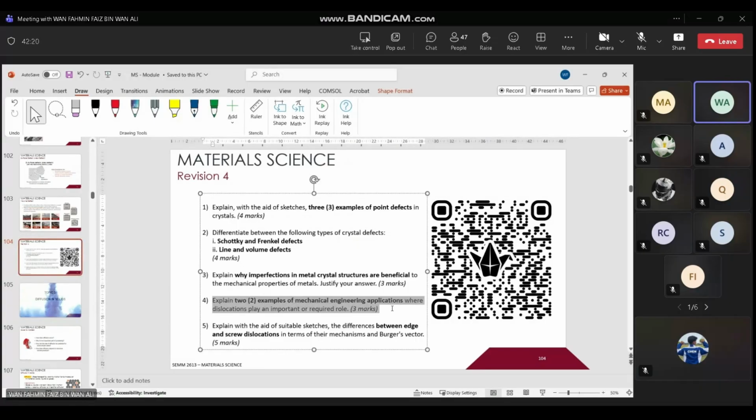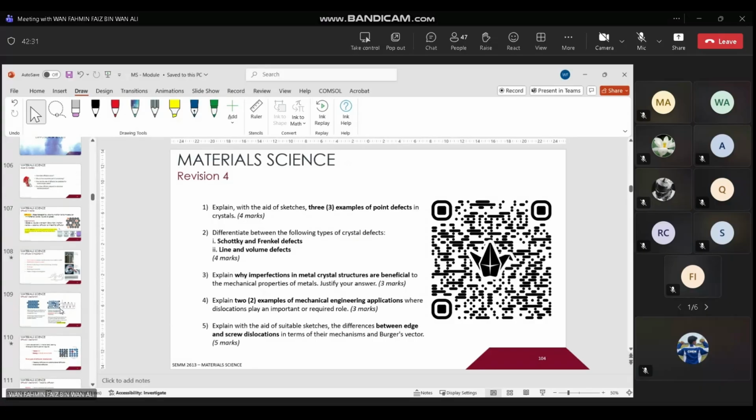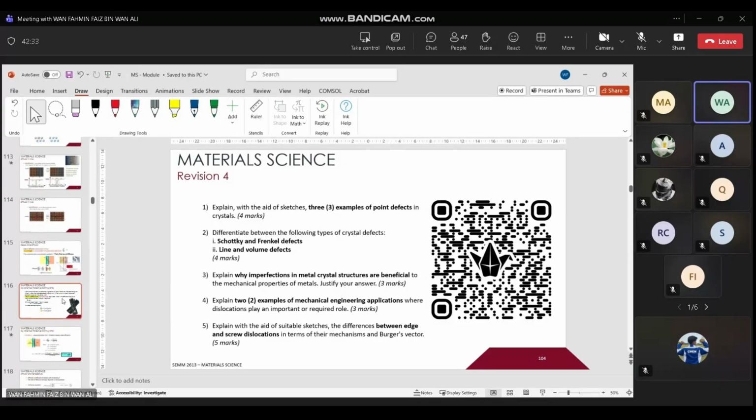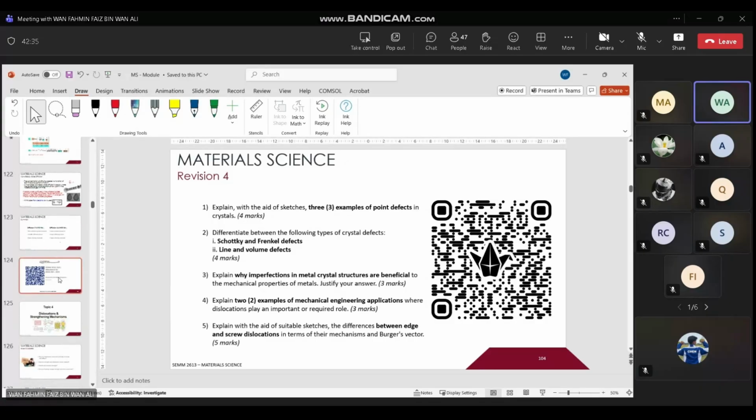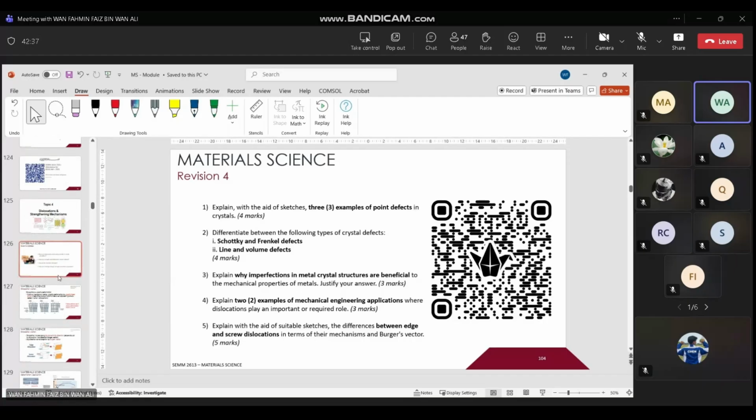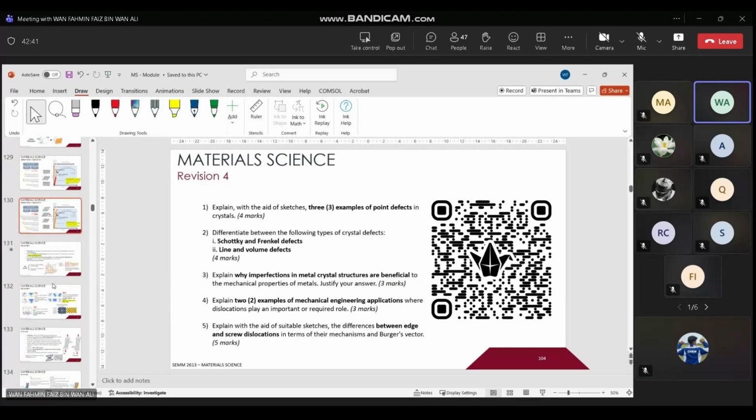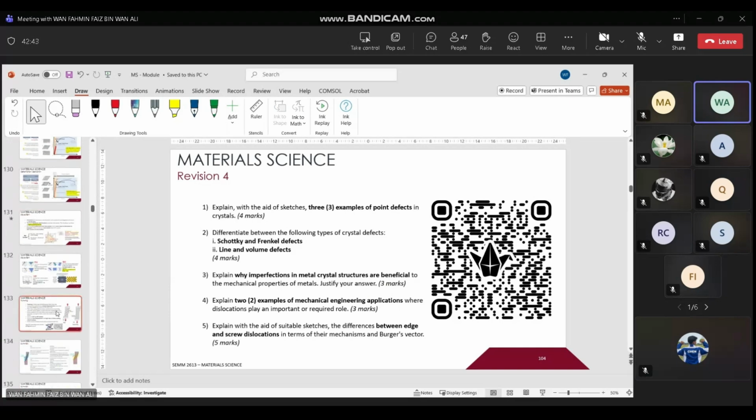Here is another example: explain 2 example mechanical applications where dislocations play an important role. It's identical with chapter 4. Next week's class, I'm going to put a couple of questions from the past year, test 1 and final exam, so you can review this.